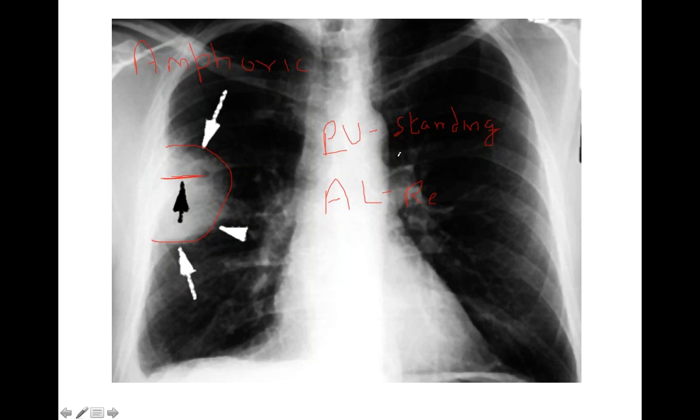Sorry, it's the opposite. If the patient is standing, then it is apical segment of the right lower lobe, because the secretions will go down. And if the patient is in recumbent position, then it is posterior segment of the right upper lobe. This question can also be asked.